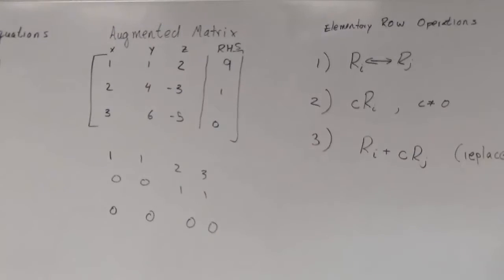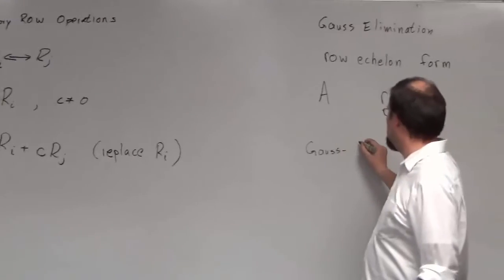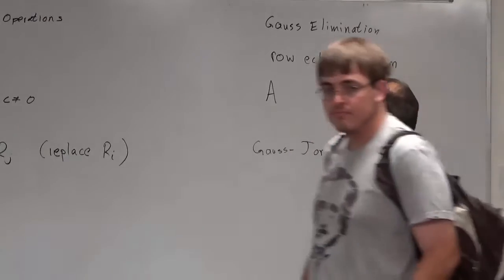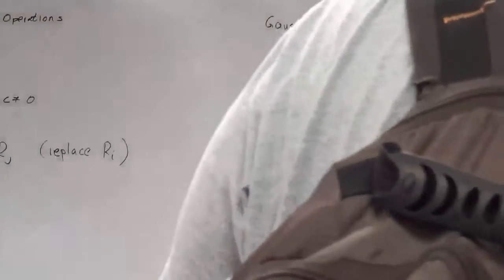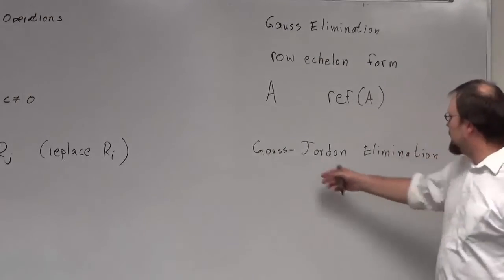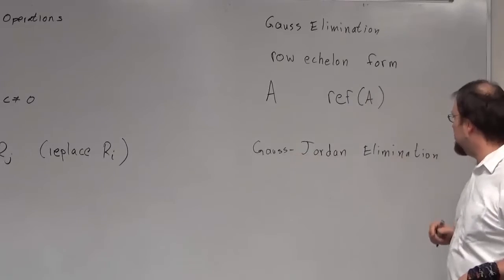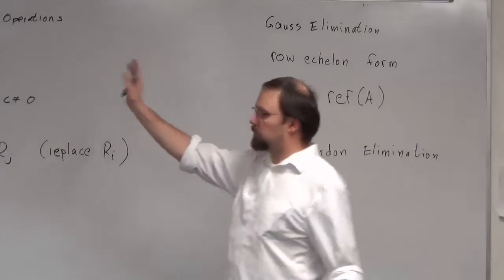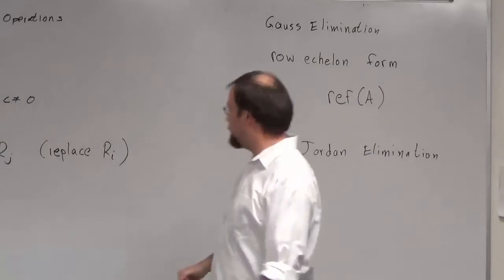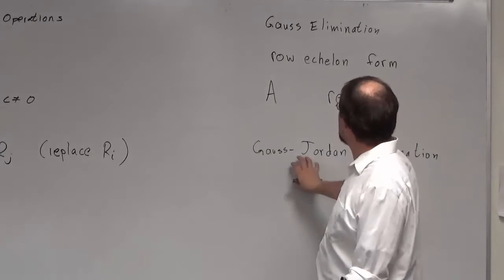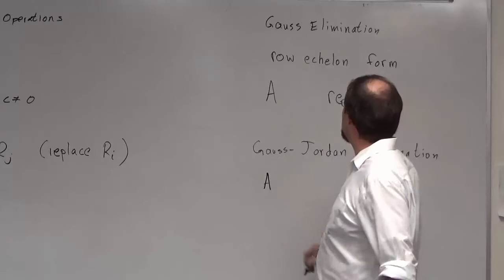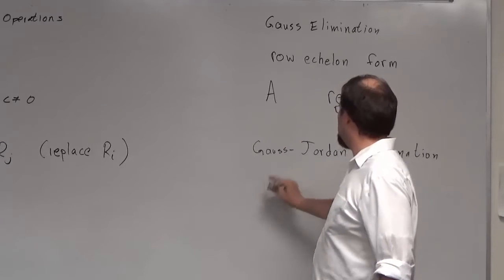The second method is Gauss-Jordan elimination. Gauss-Jordan elimination makes your matrix even sparser and introduces even more zeros. The procedure takes a matrix and gives you a reduced row echelon matrix.